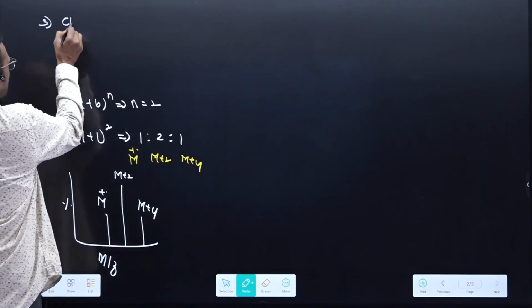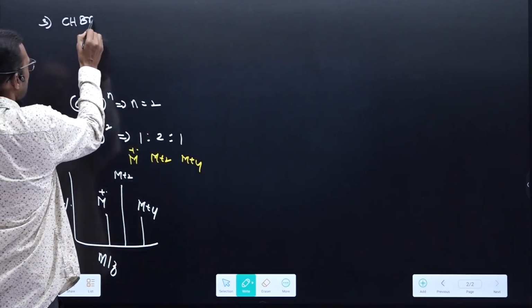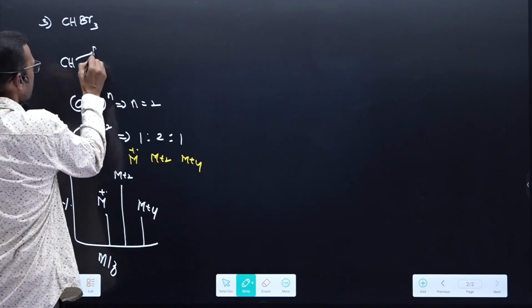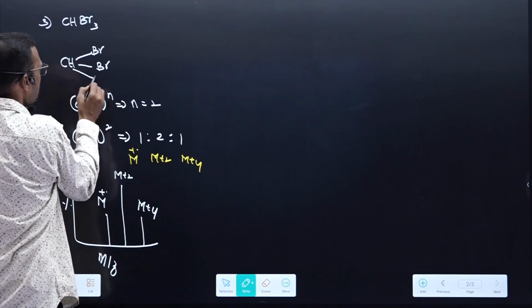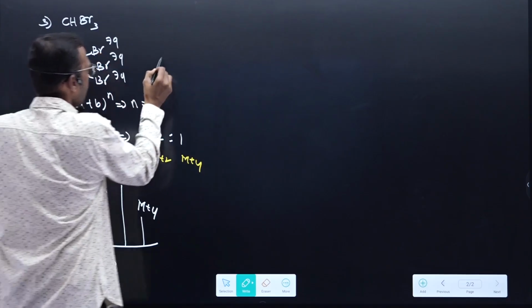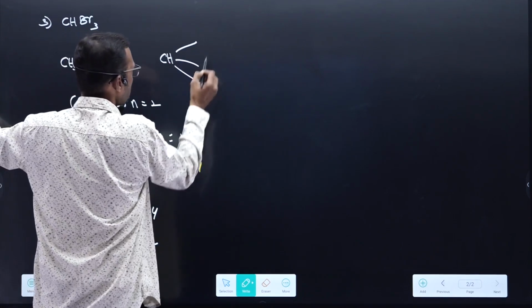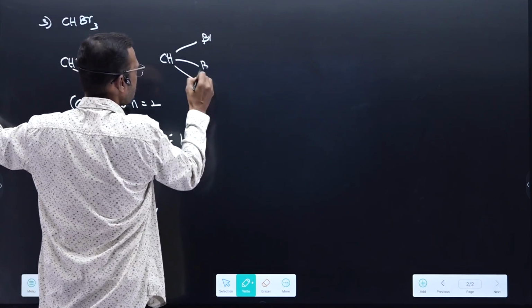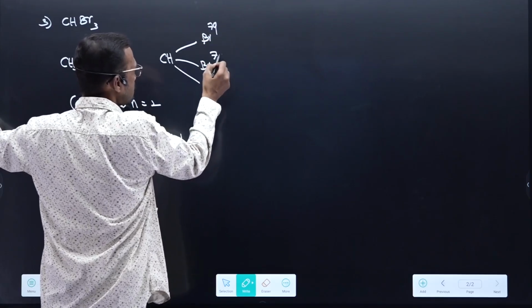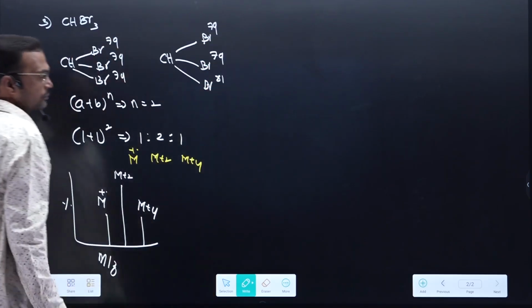So when a molecule has three bromines, CHBr3, bromoform. When three bromines are present, we need to take three possibilities: 79, 79, 79. Here I am not going to write all the possibilities, only one example I will write, the remaining you work out. This is 79, 79, and this is 81.